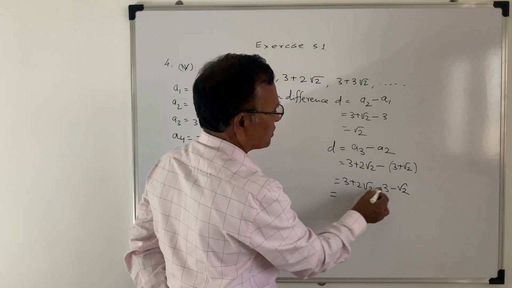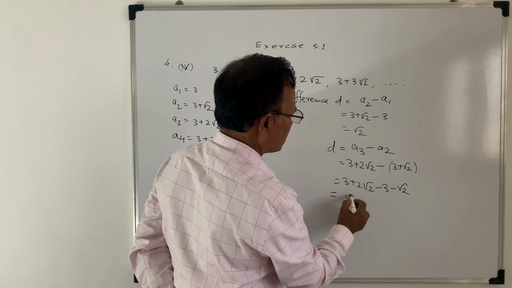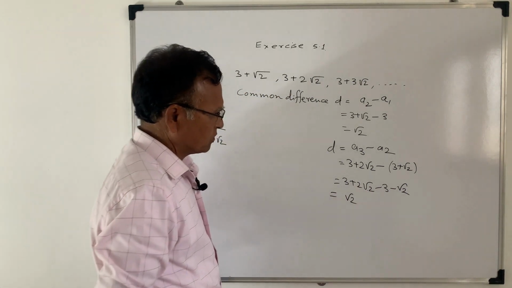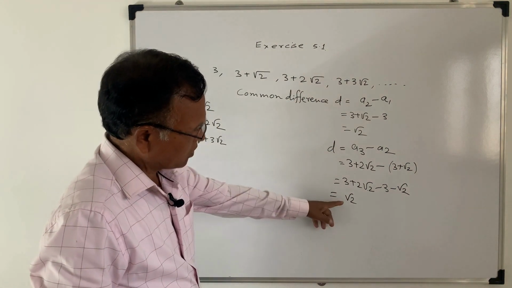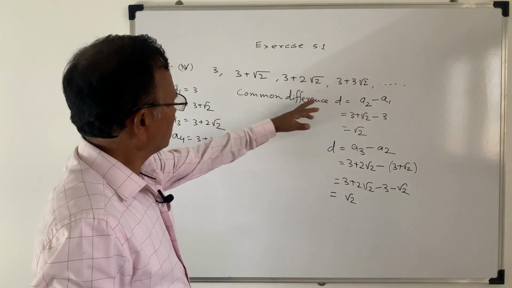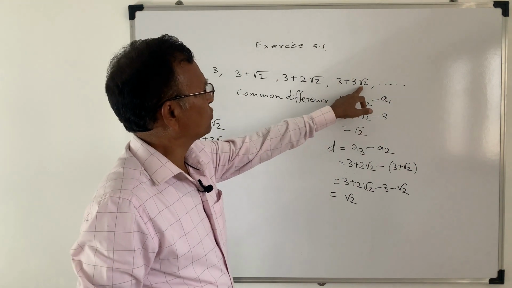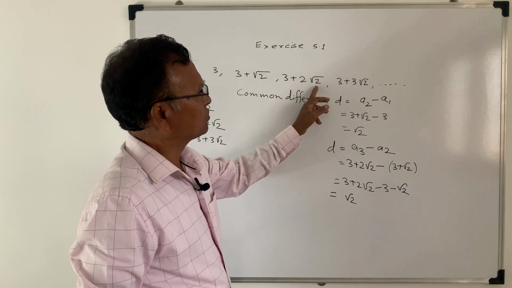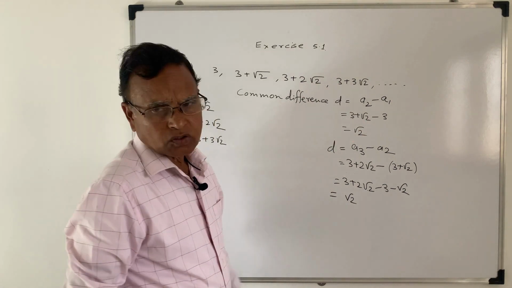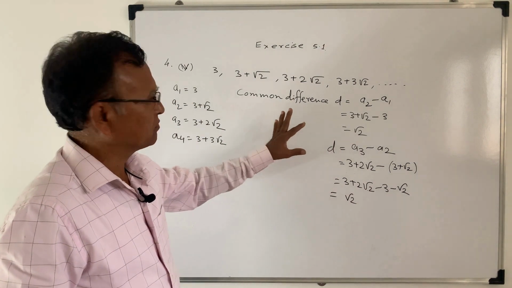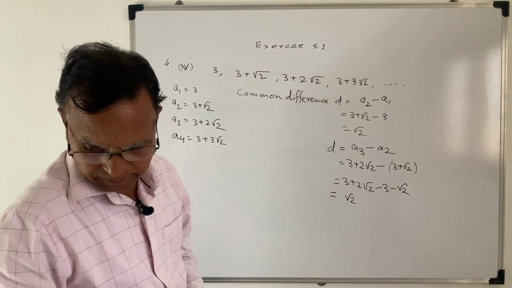So here 3 will cancel and 2 root 2 minus root 2 will be root 2. So thus here you can take this also. Here 3 plus 3 root 2 minus 3 minus root 2, so again 3 will cancel and there will be root 2. So the common difference is the same, and therefore it is an arithmetic progression.